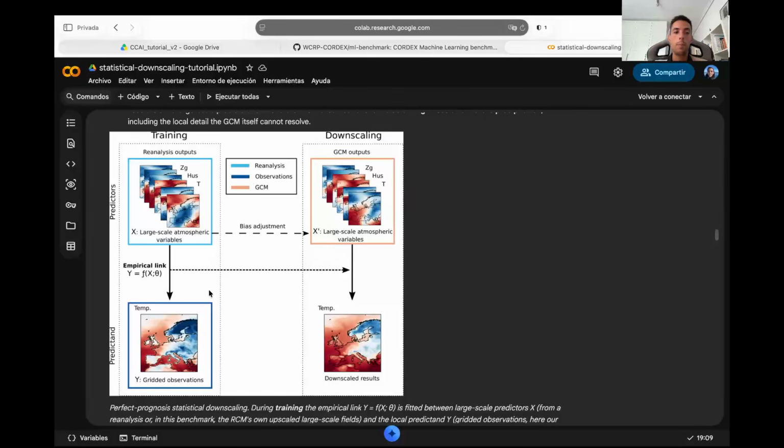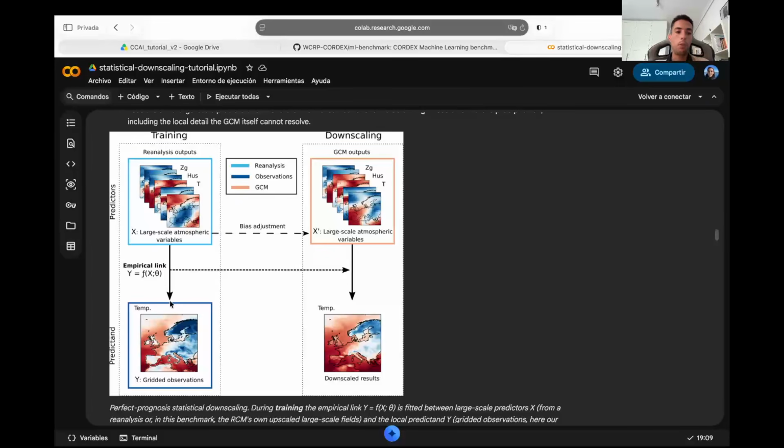The idea in the perfect prognosis approach is that I take as predictor, as input, a set of large-scale atmospheric variables representing the state of the atmosphere, and I train a statistical model, for instance a deep learning model, to, given this information for a specific day, for a specific time, predict the high resolution value of certain variable, for instance, temperature or precipitation.